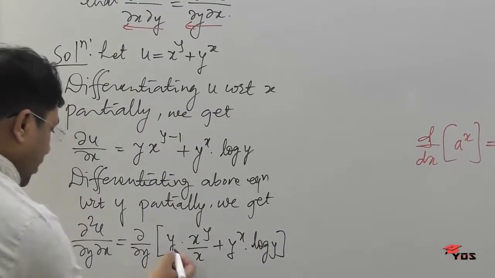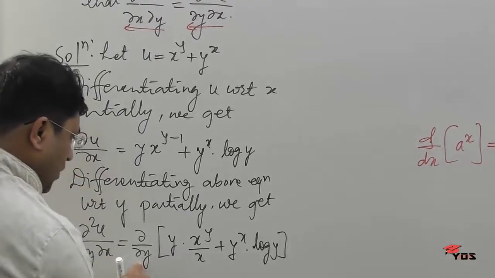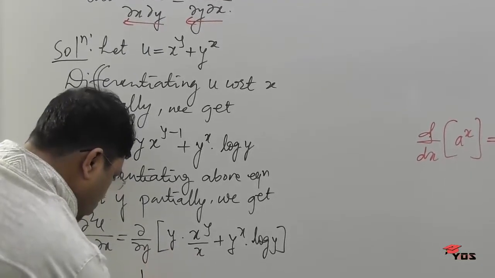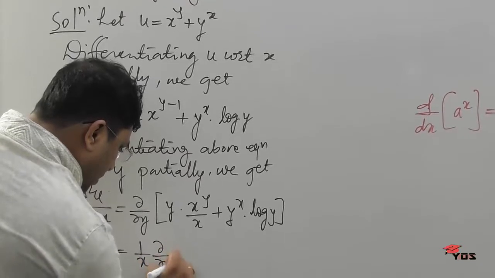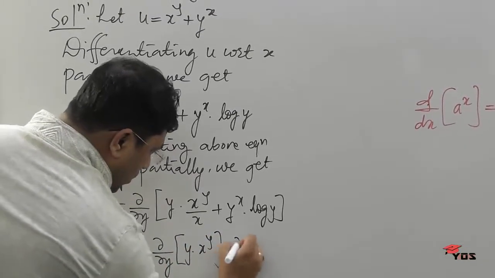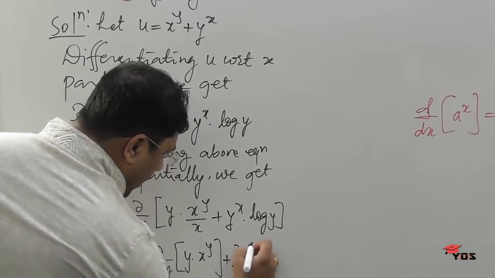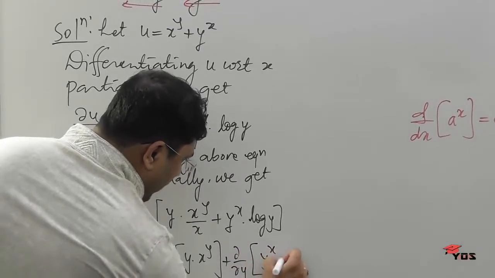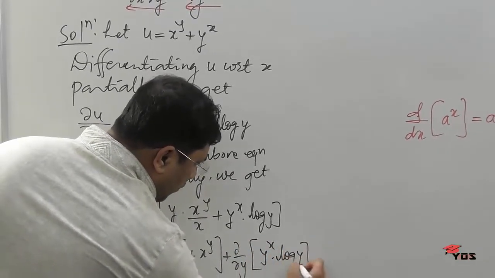Now when we differentiate this term with respect to y, x is going to be constant, so we can write 1/x ∂/∂y of y into x raised to y, plus ∂/∂y of y raised to x into log of y.